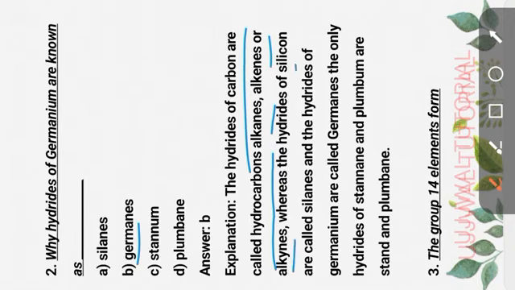Whereas the hydrides of silicon are called silanes, and the hydrides of germanium are called germanes. Only the hydrides of tin and lead are called stannanes and plumbanes.